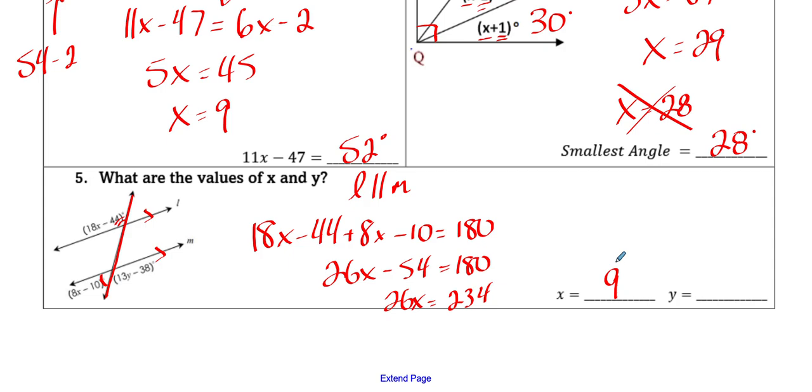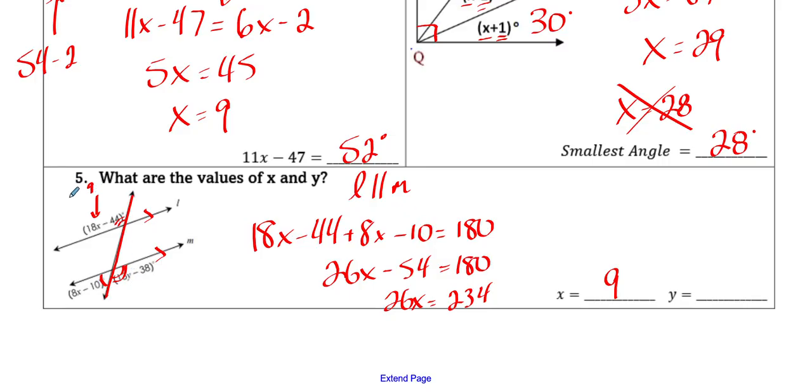So now that I know that x is 9, I could substitute that back into this expression, and that'll help me solve for that angle. Actually, nope, that's the long way. I'm going to just substitute it in here. These are alternate exterior angles. This angle and this angle are alternate exterior, so they have to be the same.